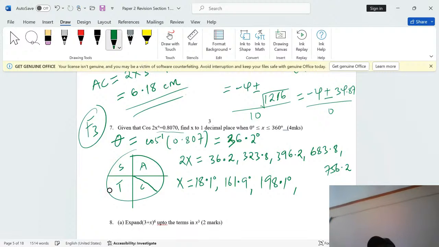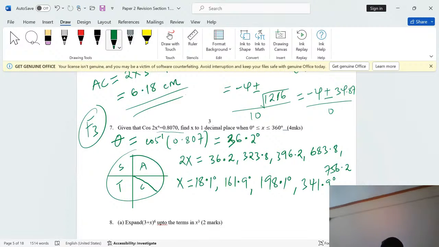And finally 683.8 will give us 341.9 degrees. When we divide 756.2, we get 378.1, and that will be beyond the limit. Therefore, these are the angles which are within the provided range.